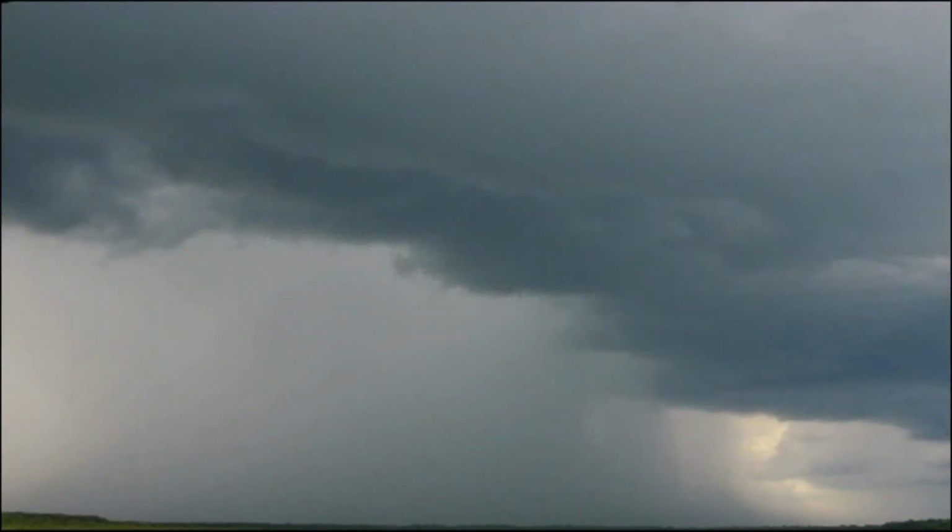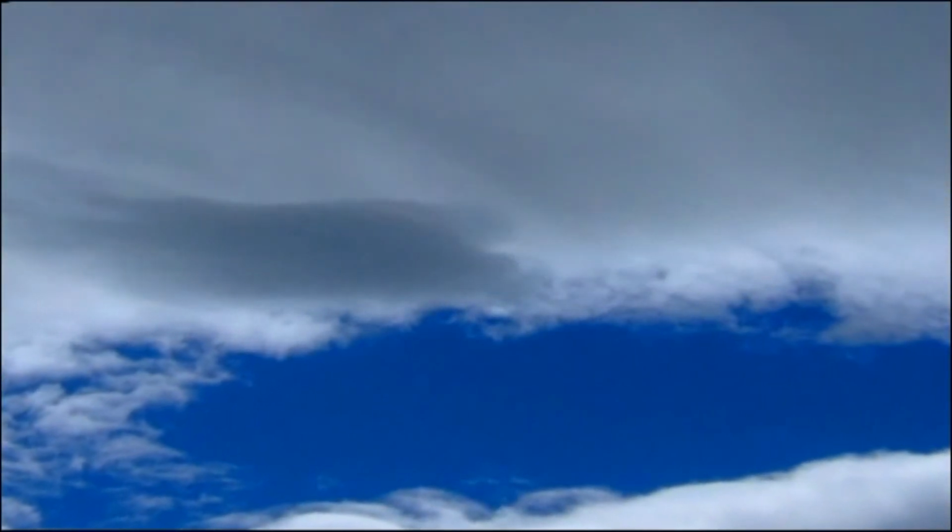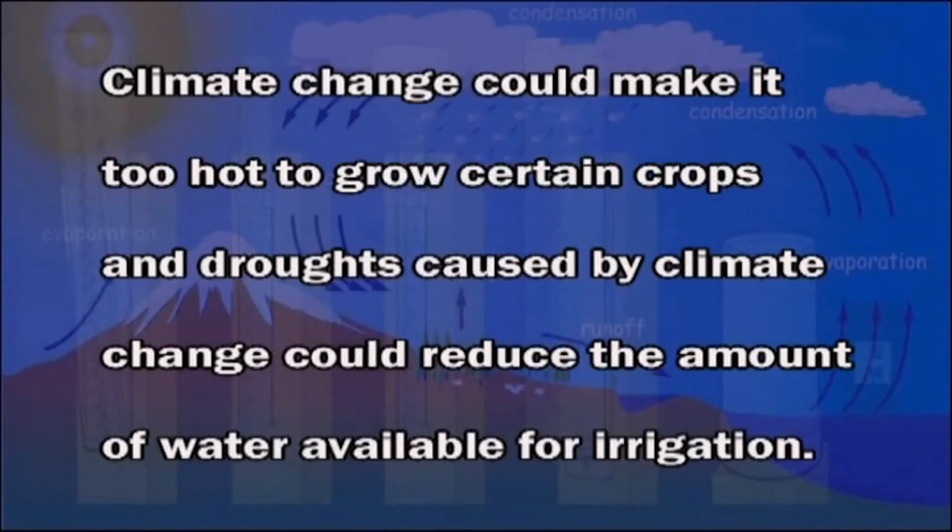A changing climate could have both positive and negative effects on crops. Global climate change will also affect agriculture and food supply in many other ways. Climate change could make it too hot to grow certain crops, and droughts caused by climate change could reduce the amount of water available for irrigation.